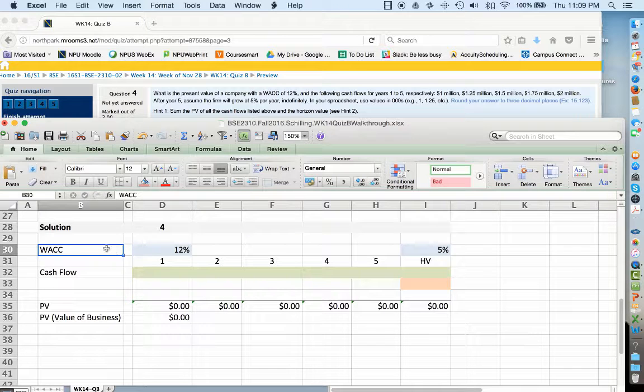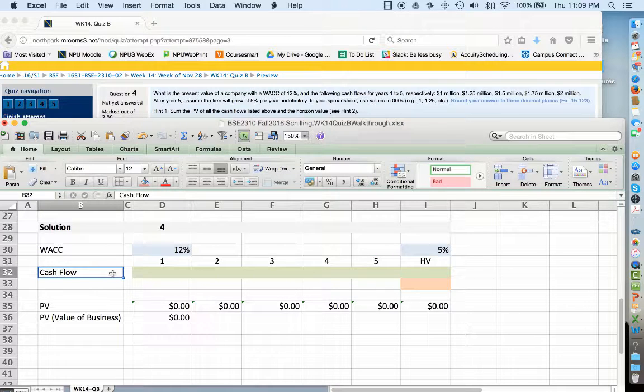And then I've set up the number of years, 1, 2, 3, 4, and 5. And then I have a row, the green row, where the values will be for the cash flows that are given to us.